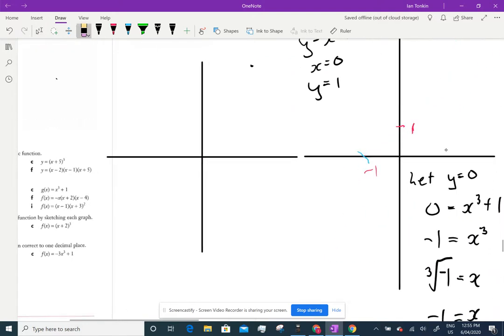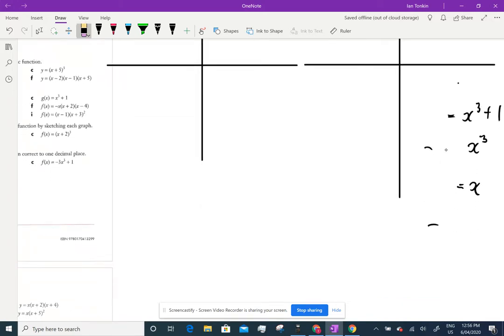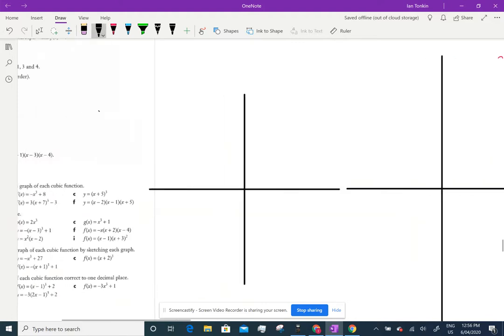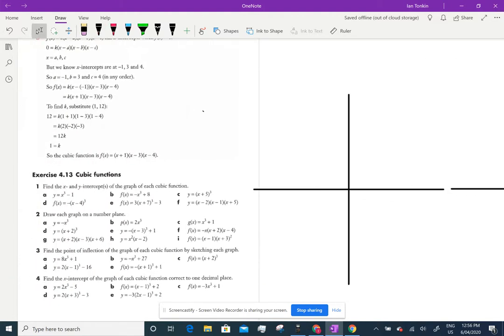So here's D. Y equals x plus 2 squared. Well, if you remember from that Desmos, y equals x plus 2 cubed.